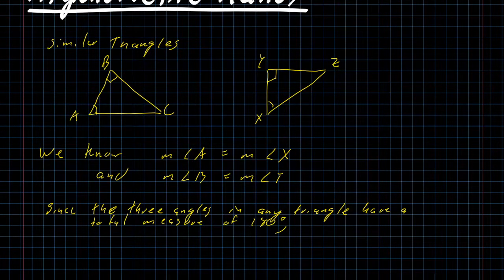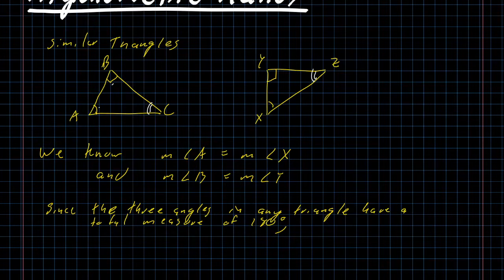But since the three angles in any triangle have a total measure of 180 degrees, since we know these two angles, the angle here at C is predetermined. It's 180 minus the measure of angle A minus the measure of angle B. And the measure over here at Z is predetermined.